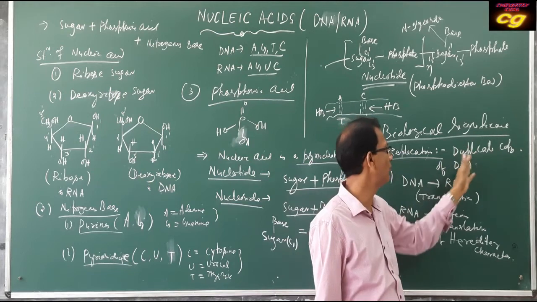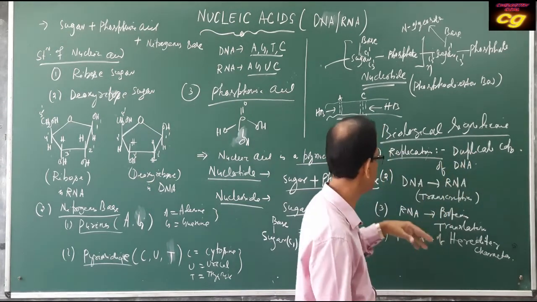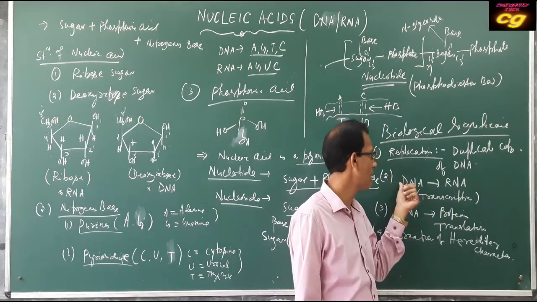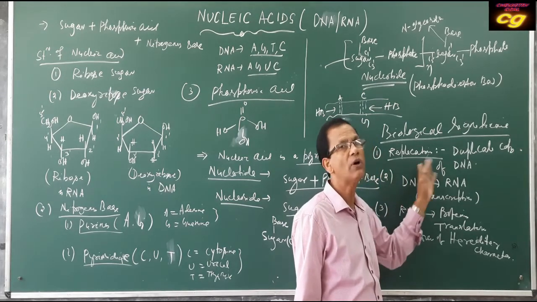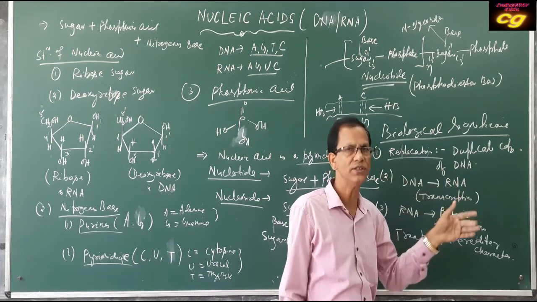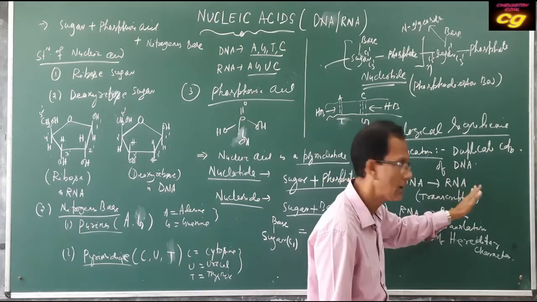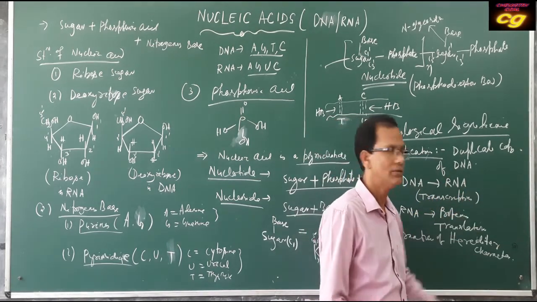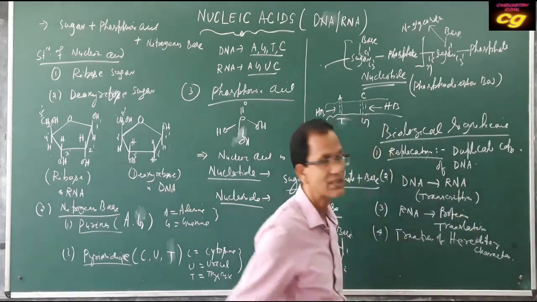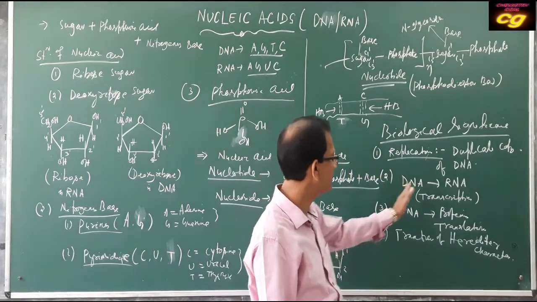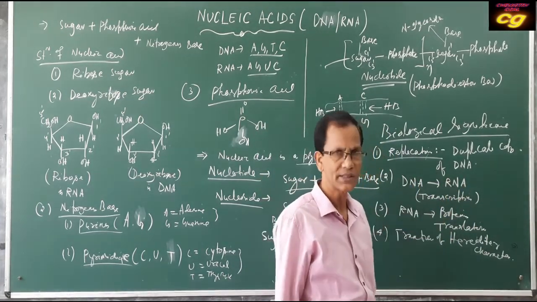Formation of a duplicate copy of DNA is called replication. The DNA can be converted to RNA. During protein synthesis, first DNA is converted to RNA. This process is called transcription.